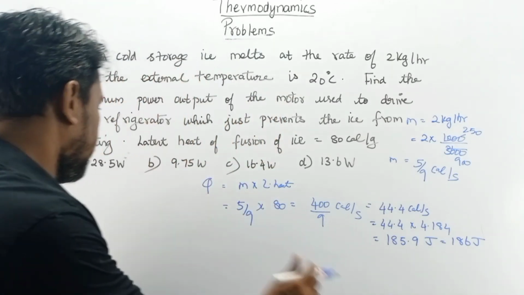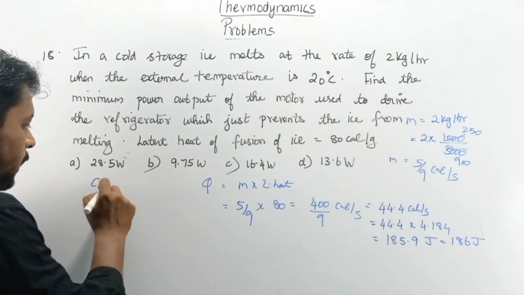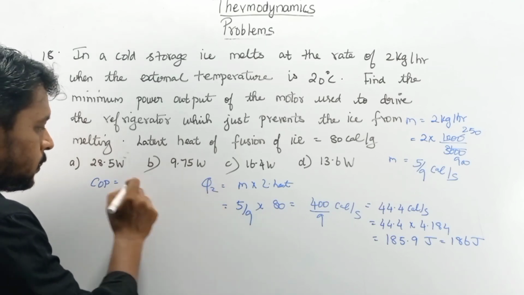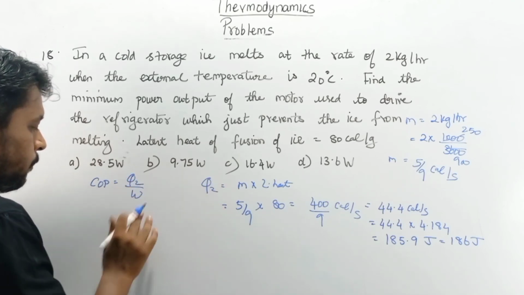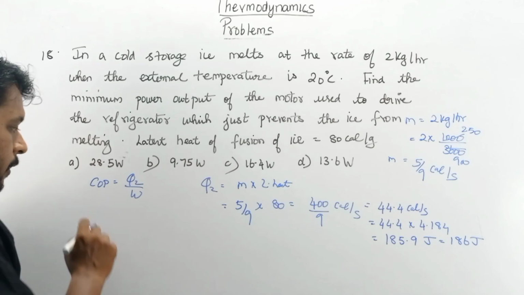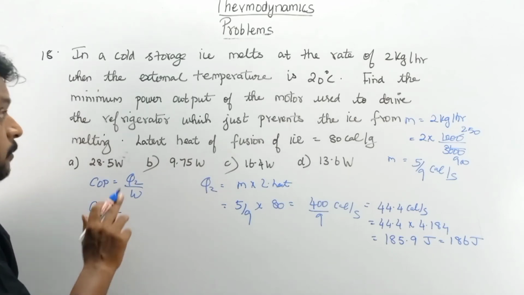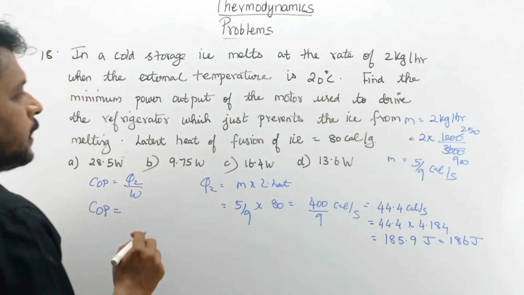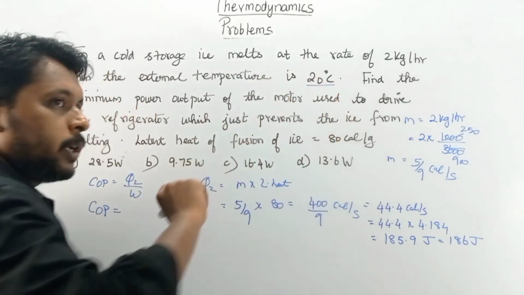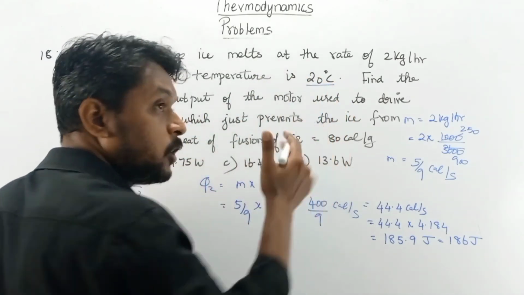In case of a refrigerator, you know that COP is equal to the heat absorbed, that is Q2, by work done. But we have not found the value of COP. The COP value is in terms of temperatures. The external temperature is 20, so the high temperature is 20 degrees Celsius and the low temperature is the temperature of the ice, that is 0 degrees Celsius.